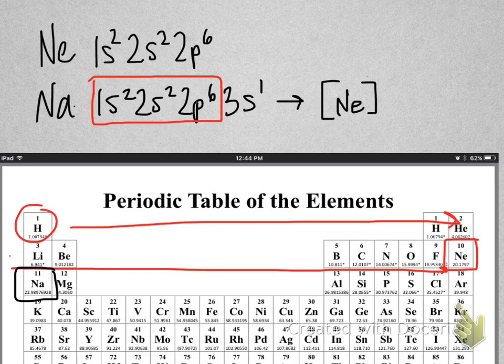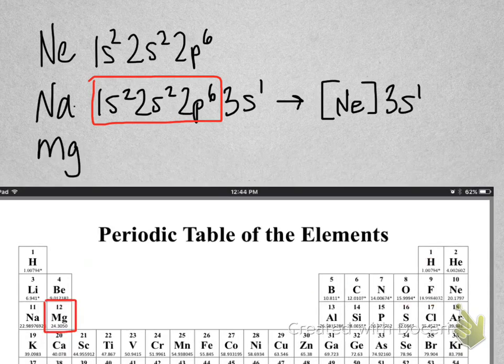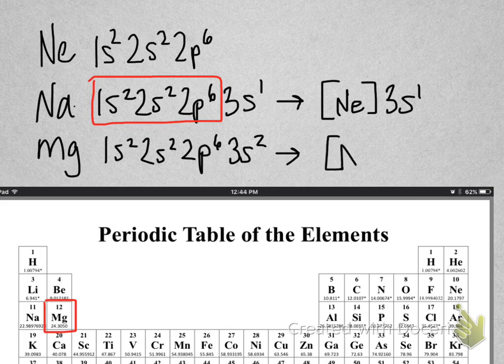Everything neon has plus 3s1. Oh, that's pretty slick. If we want to write magnesium with 12 electrons, well, we know that that's 1s2, 2s2, oops, geez Louise Moser, 2p6, 3s2. Or we could translate that: everything neon has plus 3s2. Wow, that really is a neat trick.